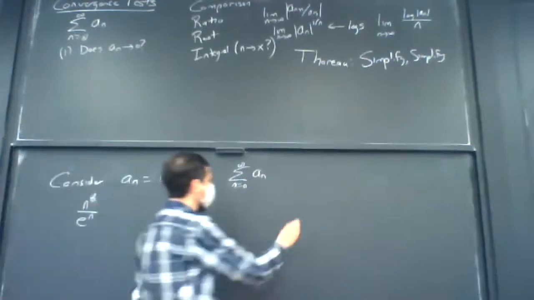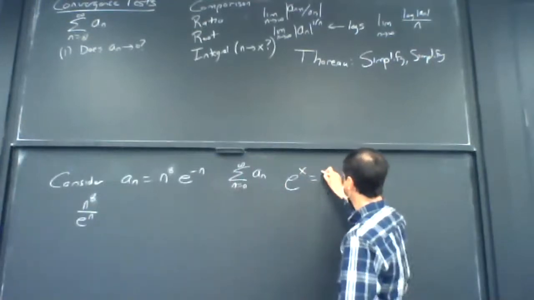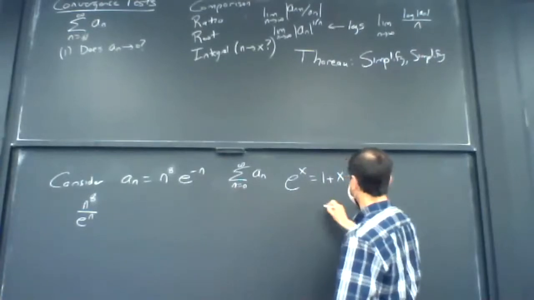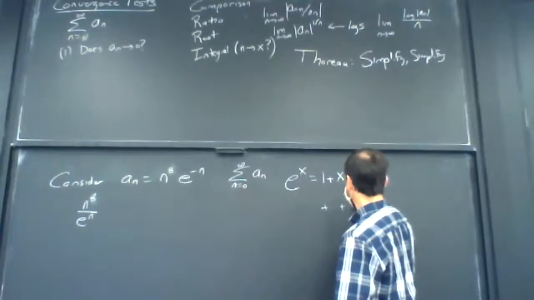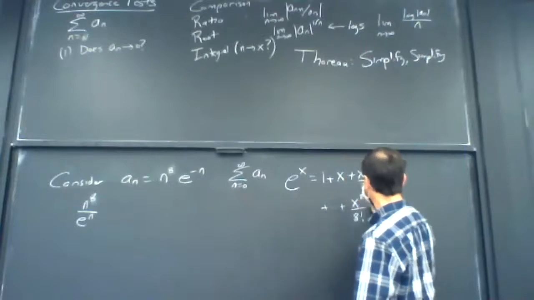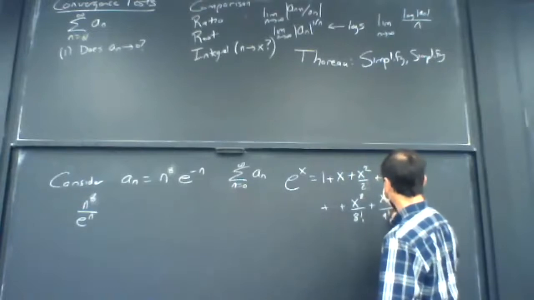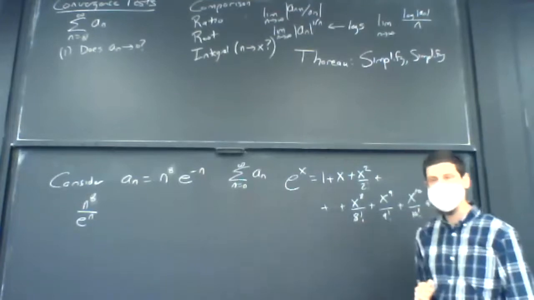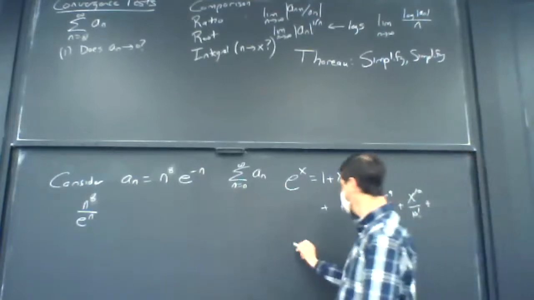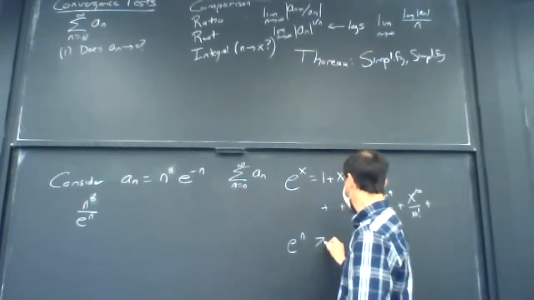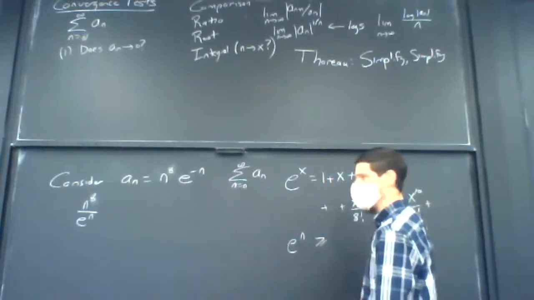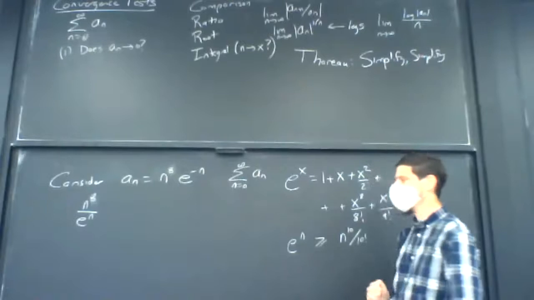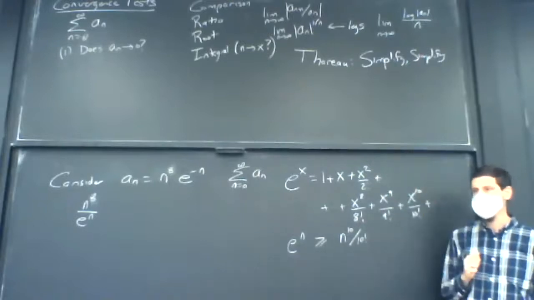Well, I know e to the x is 1 plus x plus x squared over 2 factorial plus, and so on, plus x to the 8 over 8 factorial plus x to the 9 over 9 factorial plus x to the 10 over 10 factorial, and so on and so on. So I know e to the n is greater than, I didn't do greater than or equal to, n to the 10 over 10 factorial, because I'm just dropping a bunch of positive terms.